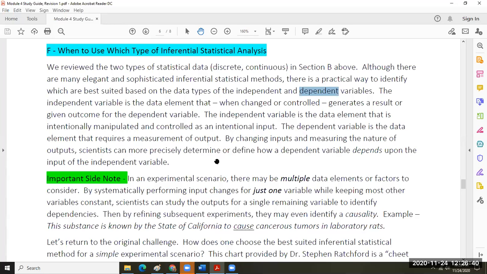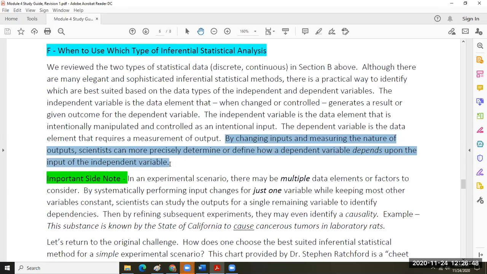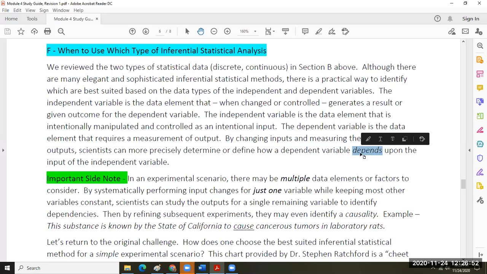That's one way to look at it. And then this statement here, by changing inputs and measuring the nature of outputs, scientists can more precisely determine and define how a dependent variable does what? Depends upon the input of the independent variable.